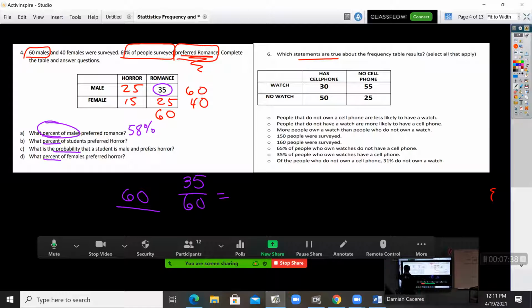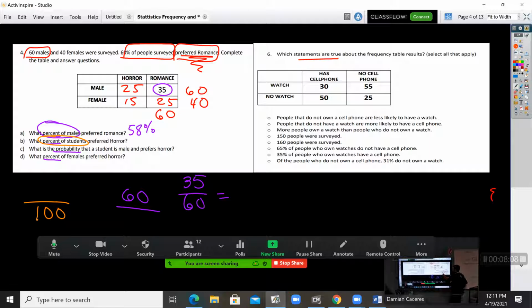I'm going to try to color code it so you can see the difference. Now look at question B. Question B says, what percent of students? How is that different than part A? My total, instead of being 60 because it's males, is now going to be 100, because it says students or people. If it says students or people, you include all the people that were surveyed.